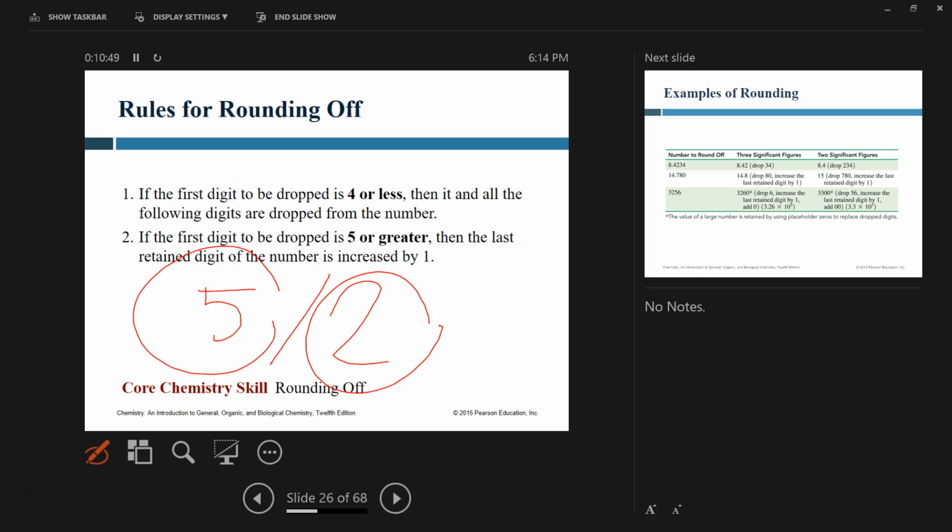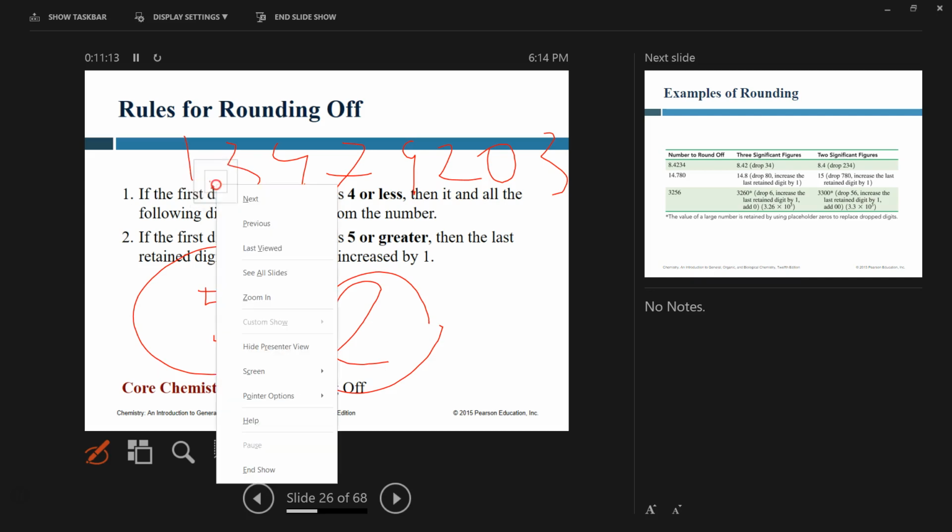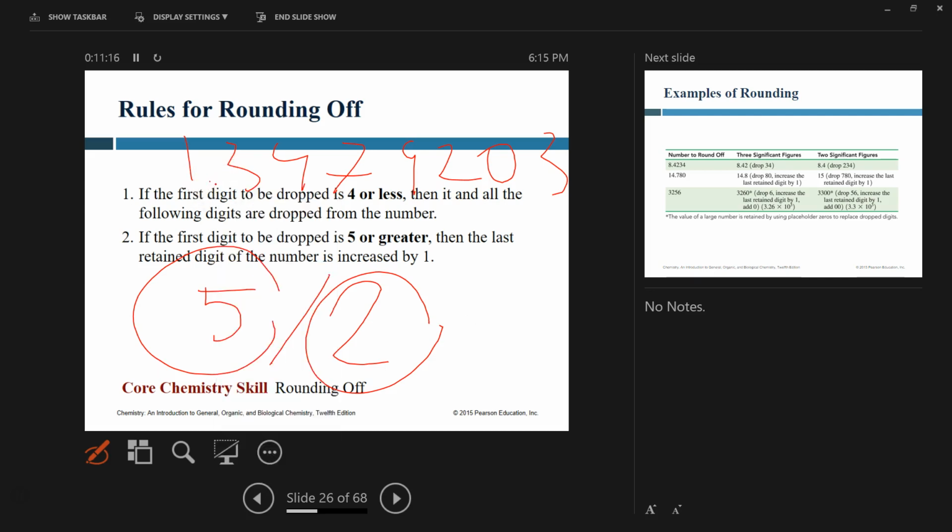So that's pretty straightforward. Let's say you want to round a number 1.347, or 47.9203, whatever. Now, say you want to round it to 3 significant figures, which is going to be 1.3 and then whatever the third figure is.